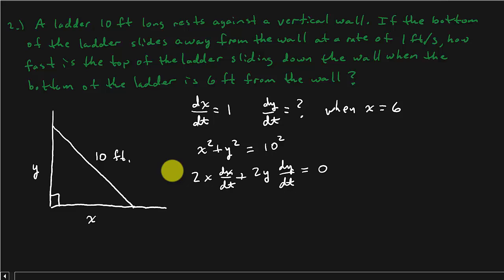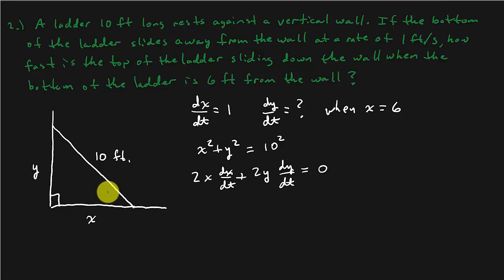You don't want to plug the 6 in, because look at it this way. You see this length, this 10 feet for the ladder? As the ladder slides out and this point slides down, this length is never changing. The ladder is 10 feet; its length is not going to change.